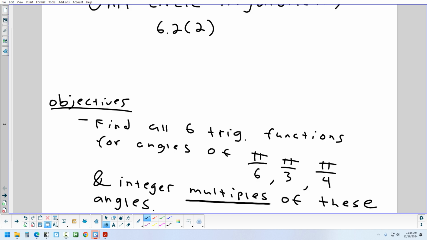So angles that are multiples would be like 120, 150, 210. Multiples of 45: 45, 135, 225, 315. Those are the numbers we're going to see come up quite a bit.